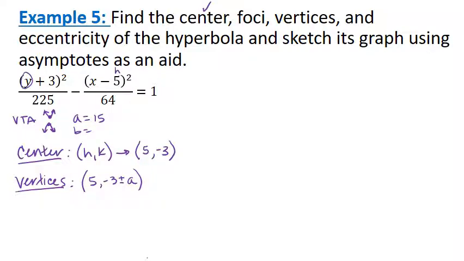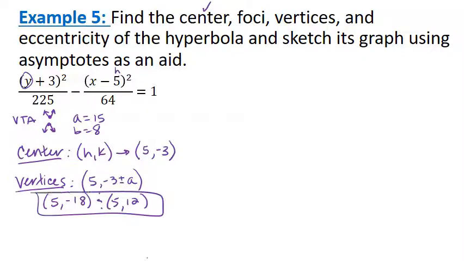Similarly, b will be 8 since b squared is 64. So we are going to add and subtract 15 from the center to find my two vertices. So my two vertices are (5, -18) and (5, 12).